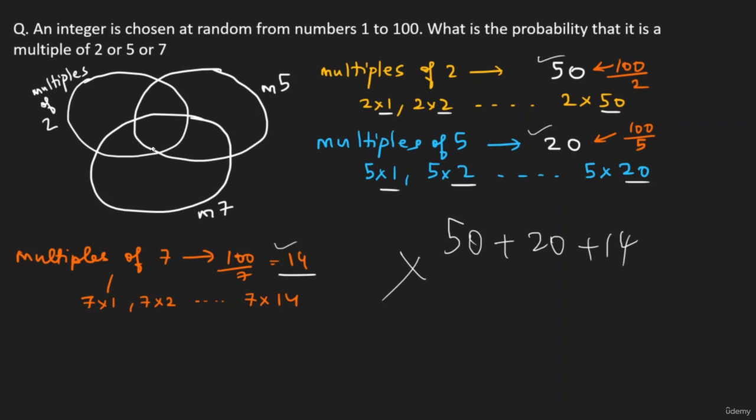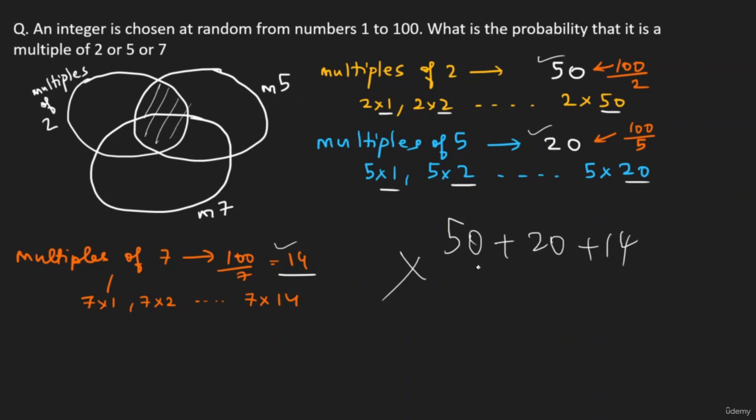For example, over here you can see that this 50 represents the numbers which are there in this circle over here. Similarly, this 20 represents the numbers which will be filled in this circle over here, right? And you can see that there is an overlap between these two, right?